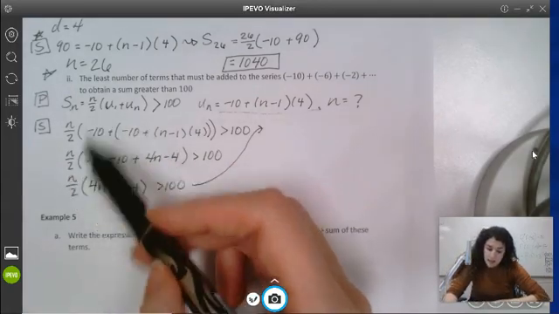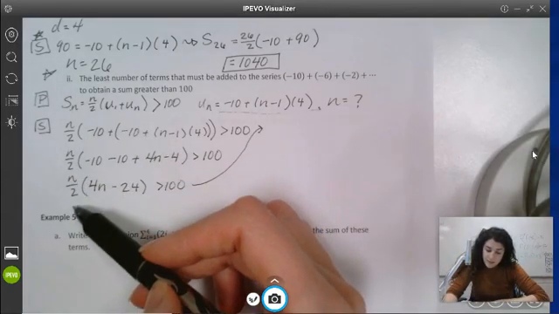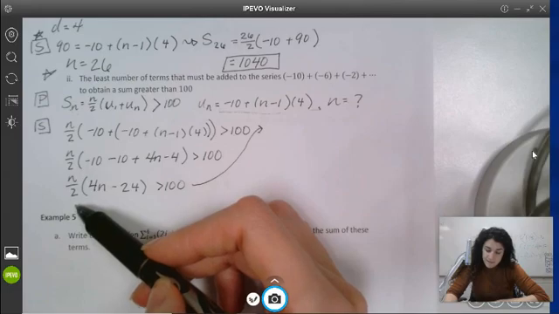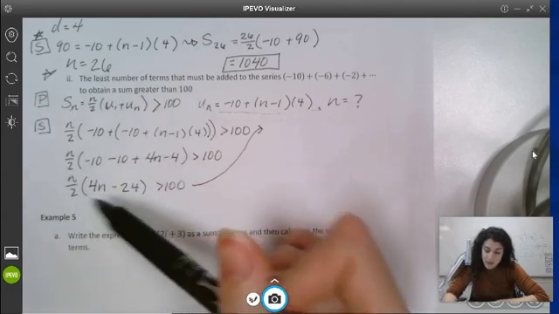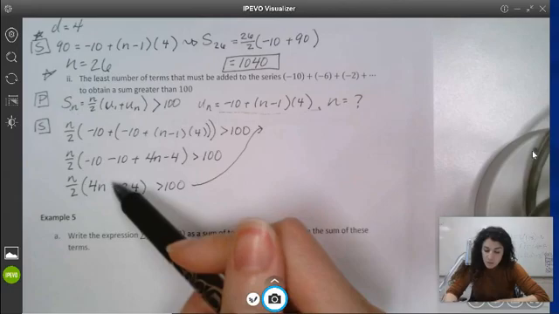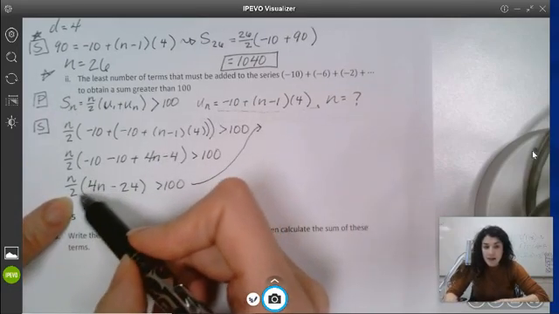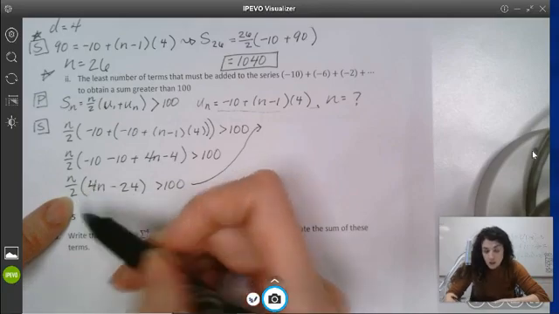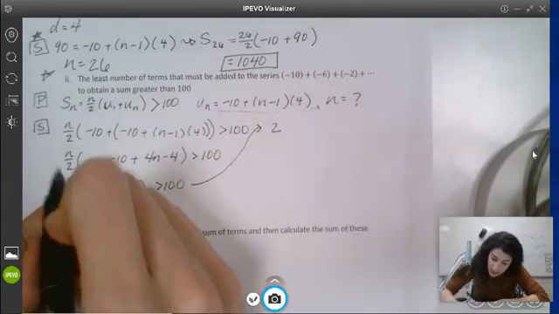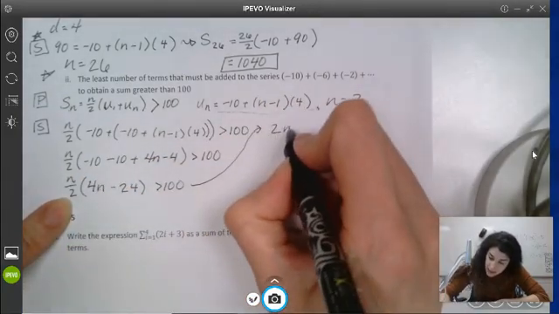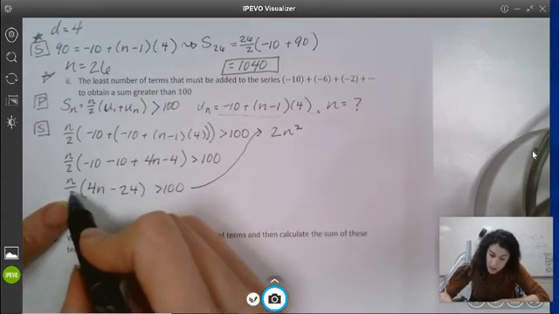Now I'm going to distribute n over 2 to both of these terms. Realize that the 2 divides out with this number right here. So 4 divided by 2 is 2. So that becomes 2, and then n times n is n squared.